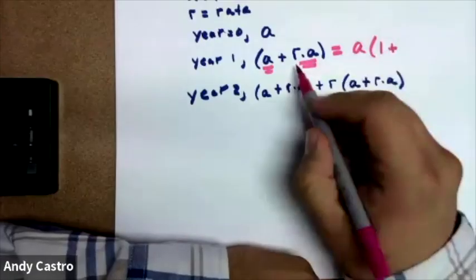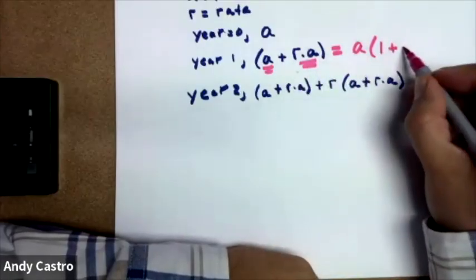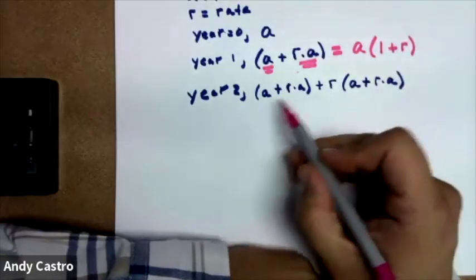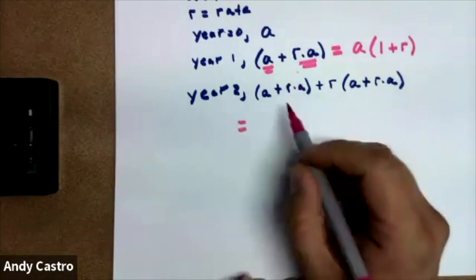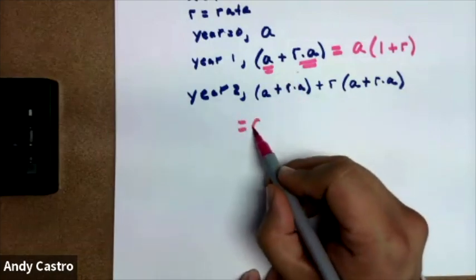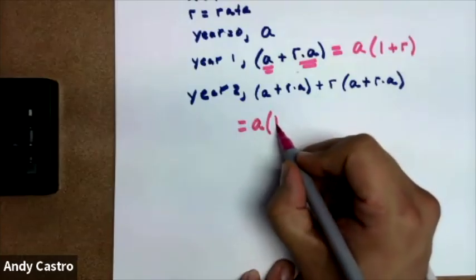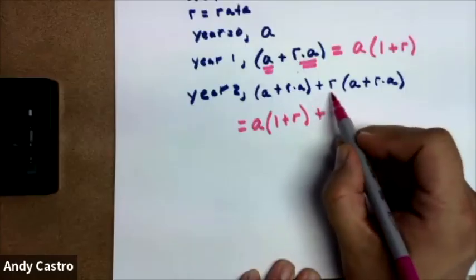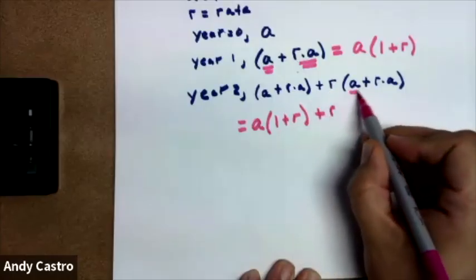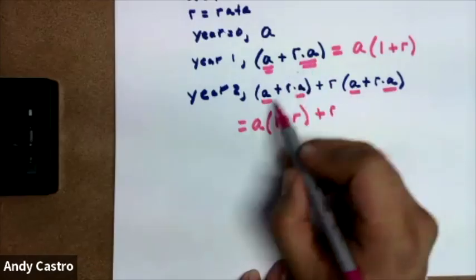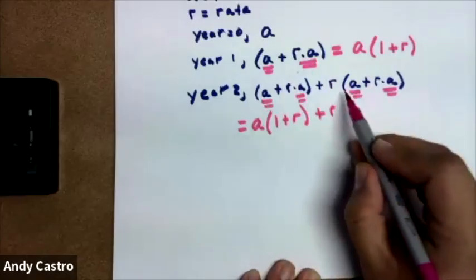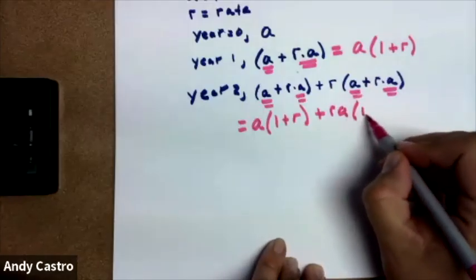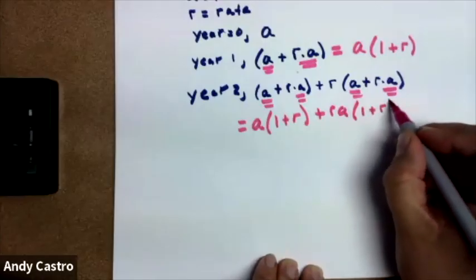And then I can add R times A. I pull the A out, I'm just left with R. Now here, this is similar. I'm going to pull the A out: 1 plus R, plus, then here I have my R. And here I have the same thing, just like I do here. So I'll pull that A out, and I have 1 plus R.